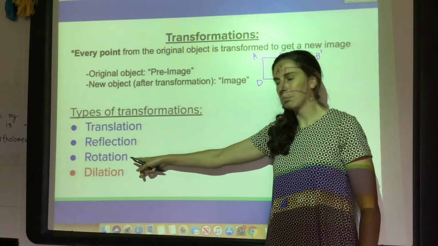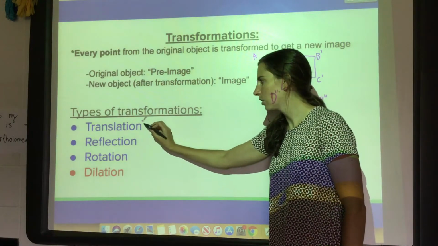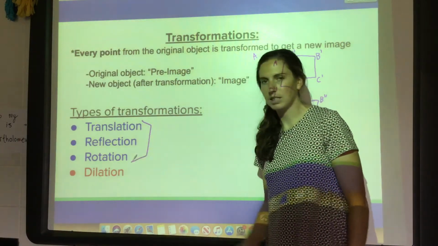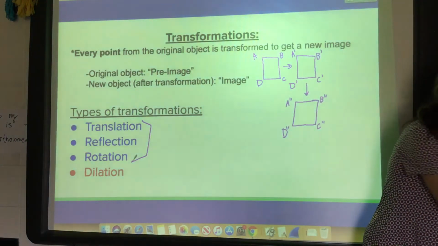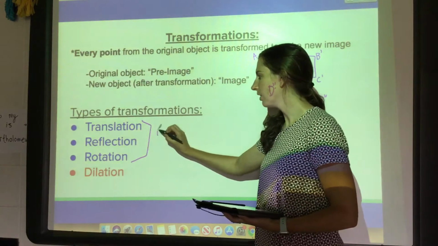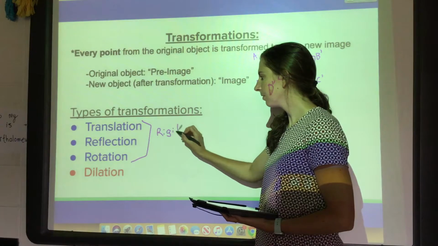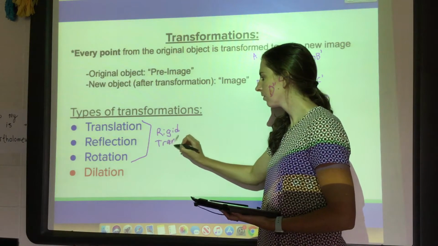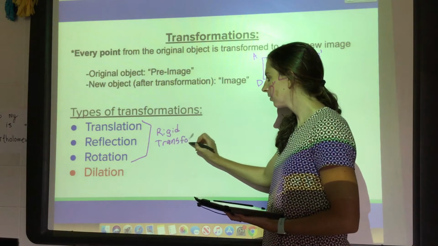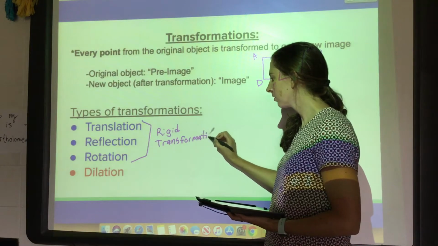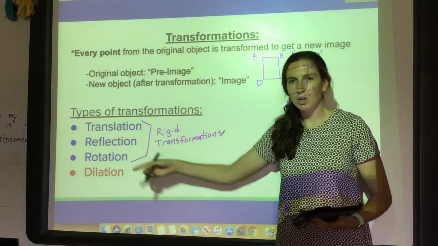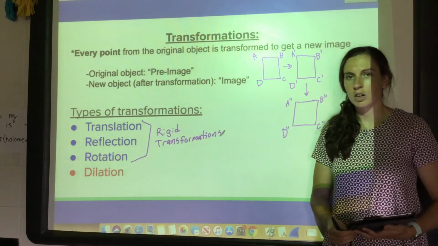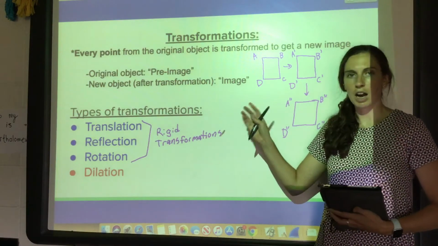These three I put in blue because these three are kind of similar. We call those three rigid transformations, because these three don't change the size or shape of your object.